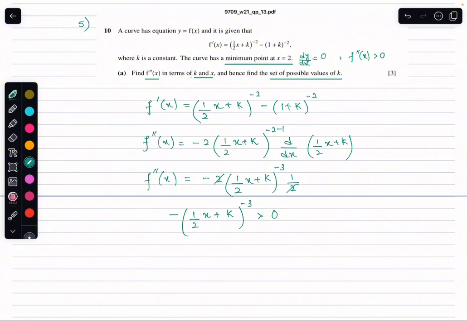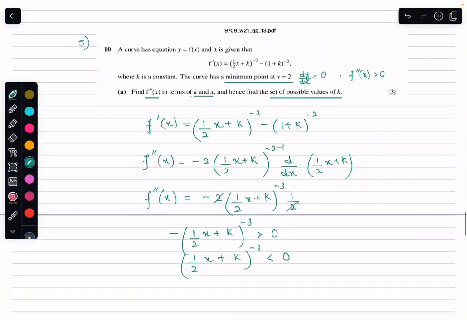Solving for the negative sign, we know that the sign of the inequality should get changed, so that (1/2 x + k)^(-3) should now be less than 0. We know from the question that this condition appears for the minimum point when x is equal to 2.